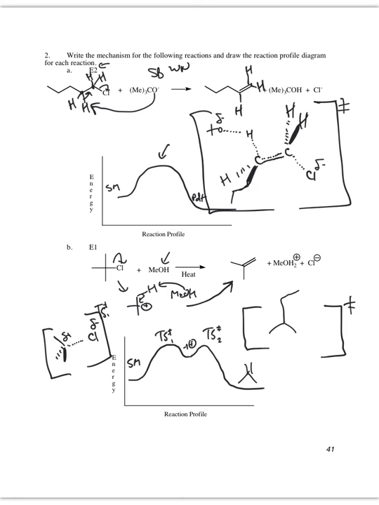So what happens in the transition state is we have the bond lengthening out to the hydrogen, the double bond forming, and our methanol forming a bond to the hydrogen on the carbon. So we have a partial positive on our central carbon and a partial positive on our methanol oxygen, and that gets us to the product.